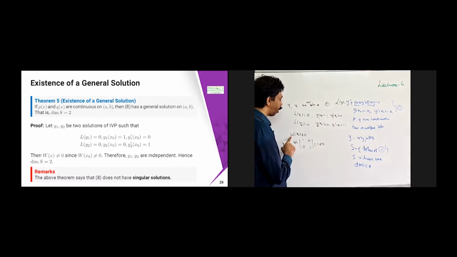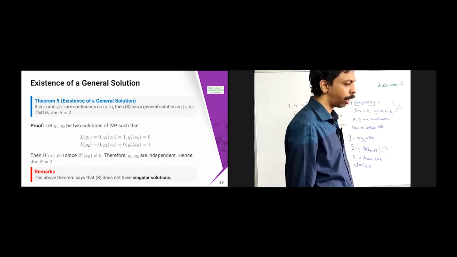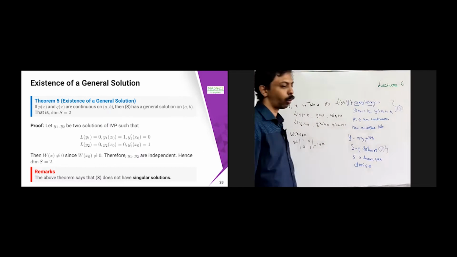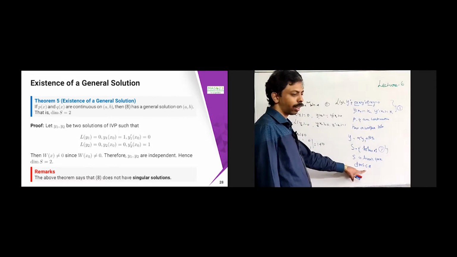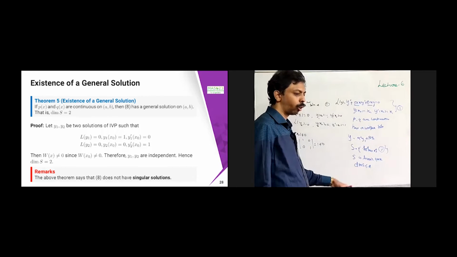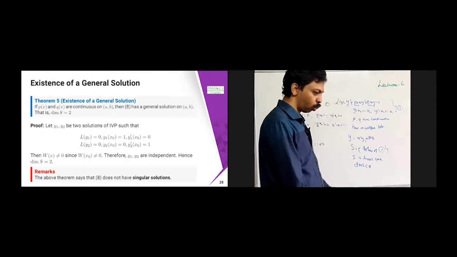Therefore w of x naught is not equal to 0, which means y1 and y2 are linearly independent solutions. Since the dimension of S is already less than or equal to 2, and y1 and y2 are independent, the dimension of S is going to be 2.